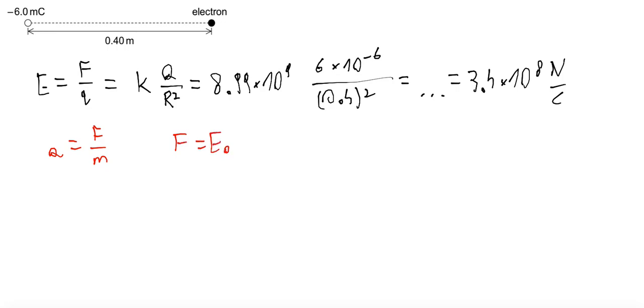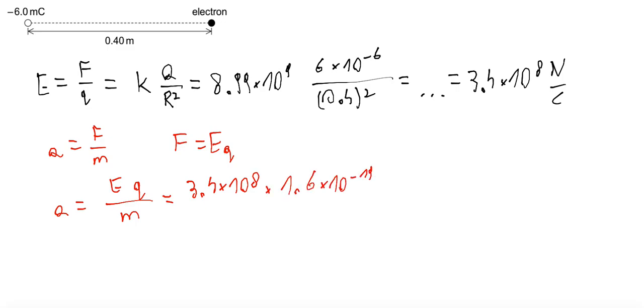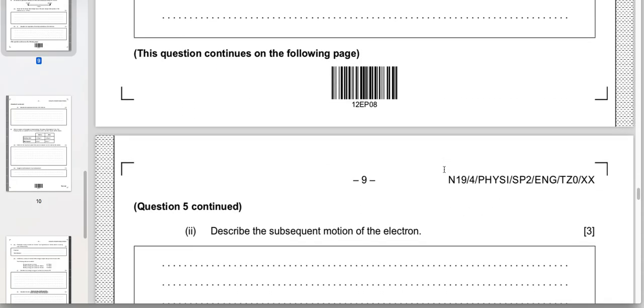Force is E times Q. So finally you can find it as the strength of the electric field, which is given, times Q, the charge of the electron, divided by m, the mass of the electron. So 3.4 times 10 to the power of 8 times Q, 1.6 times 10 to the power of minus 19, divided by the mass, check it, probably 9.11 times 10 to the power of minus 31, and then you have the initial acceleration of the electron.